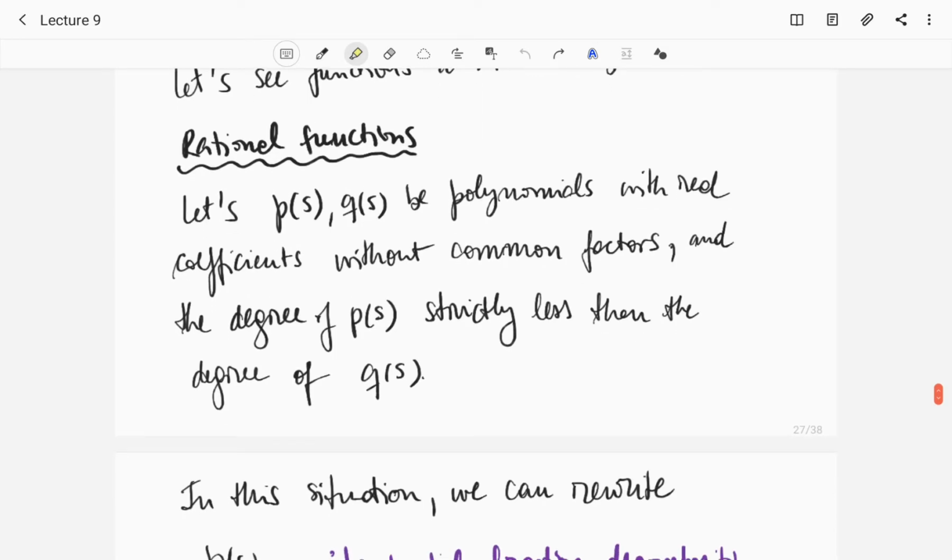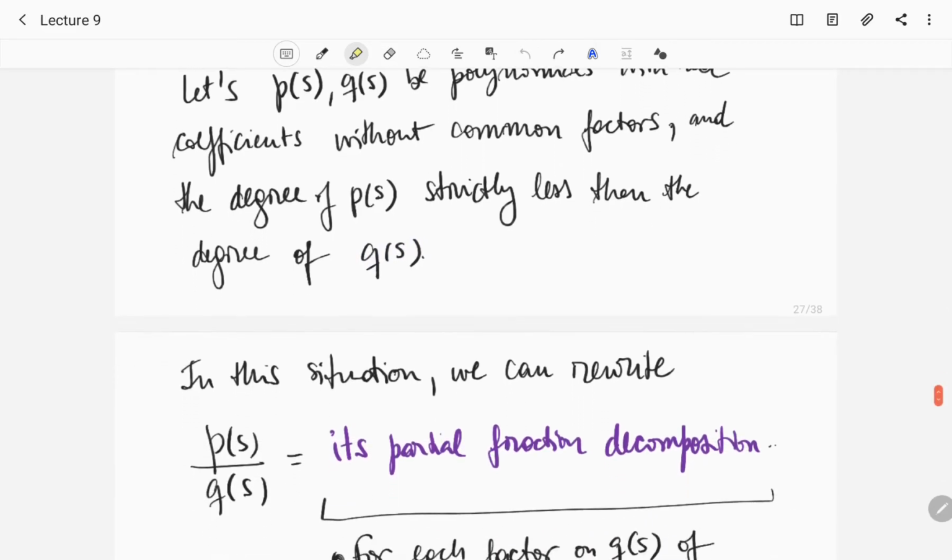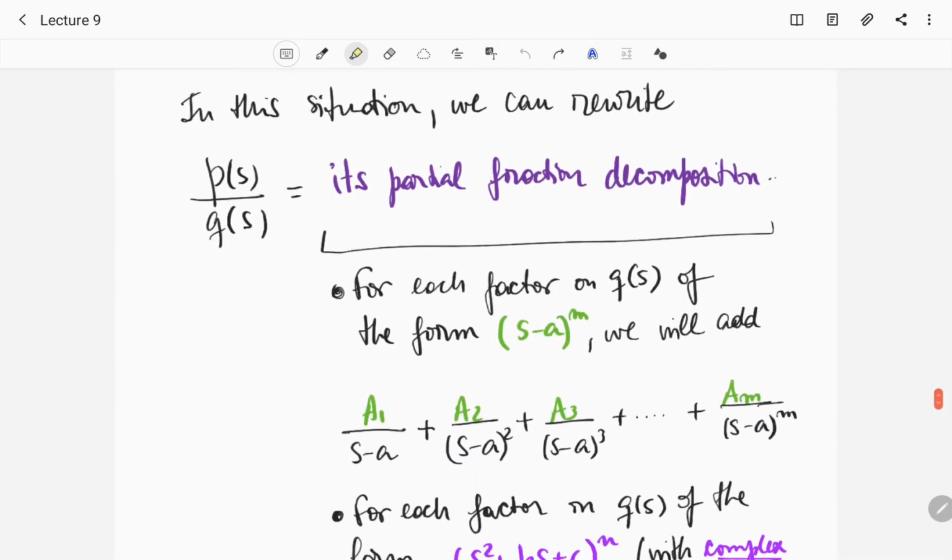We have two polynomials, p and q, with real coefficients without common factors, so they don't have roots in common. And let's say that the degree of p is strictly less than the degree of q. In this situation, we can rewrite this quotient p over q as its partial fraction decomposition.